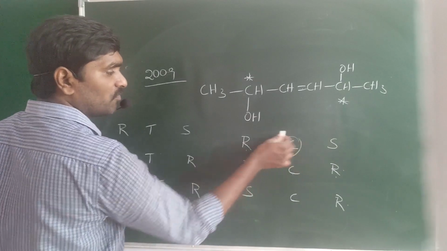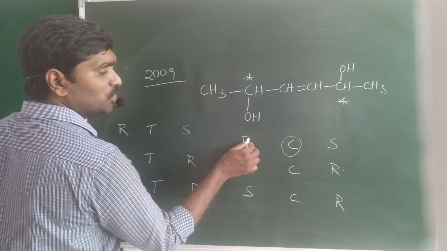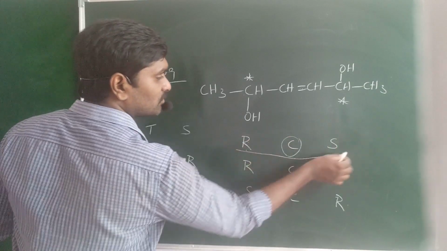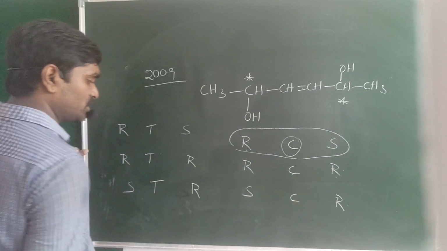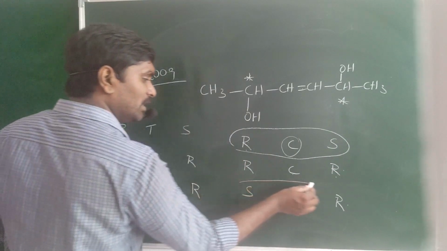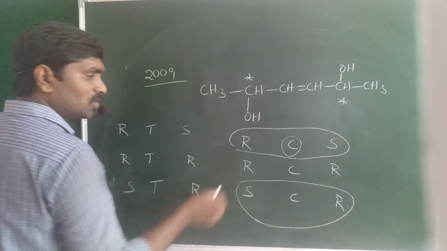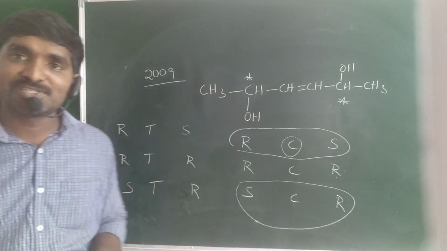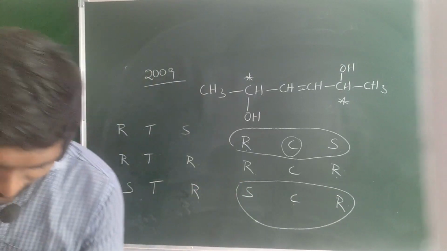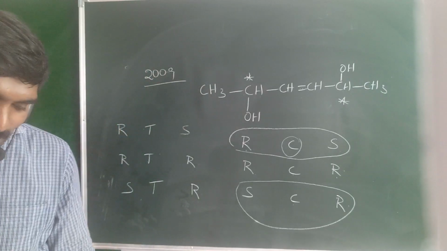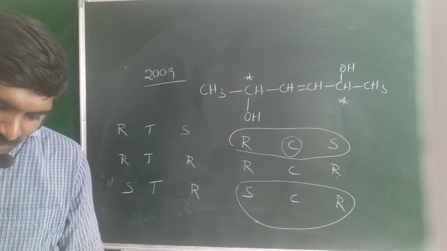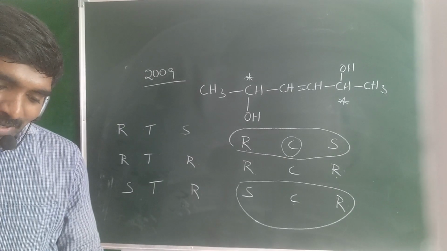When it is in cis configuration, the image of R is nothing but S, which is 1 enantiomer. Again in cis configuration, the image of S is nothing but R. So the 4th option is also correct.